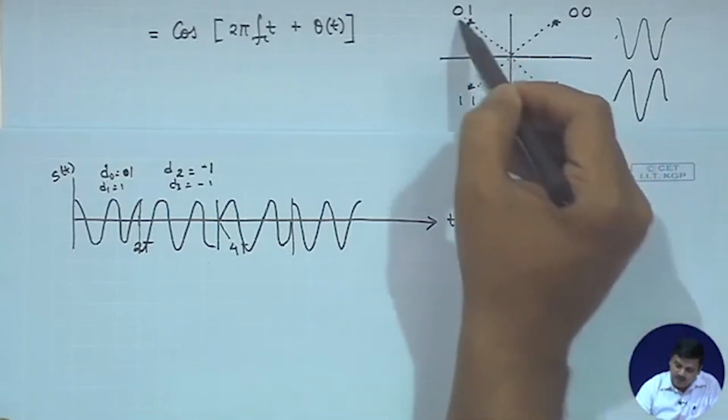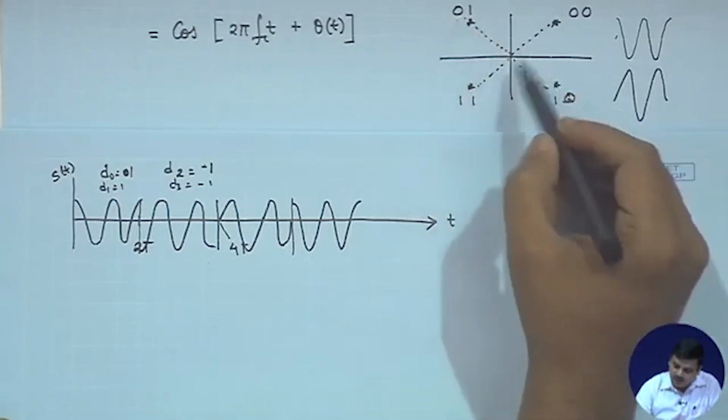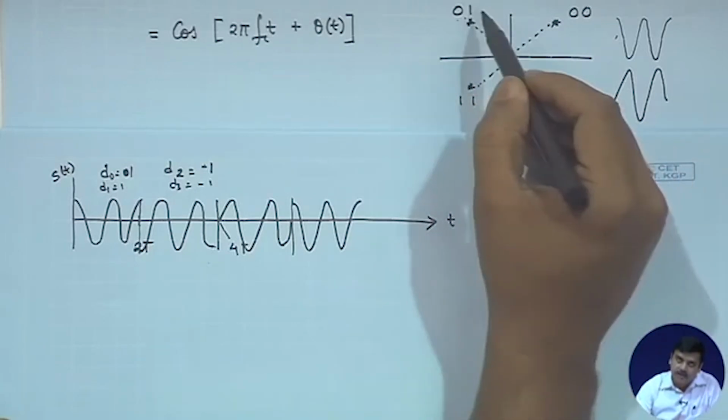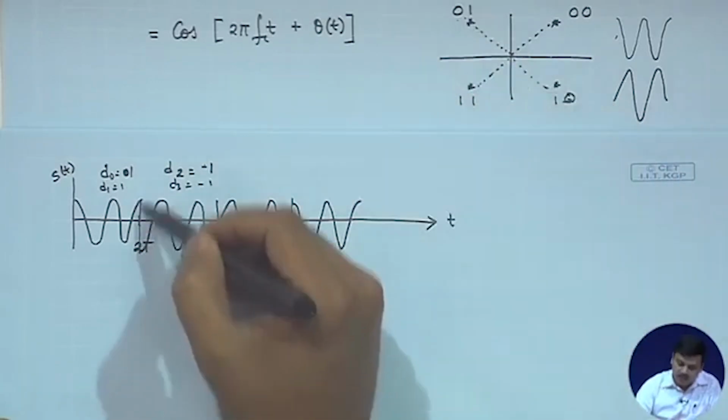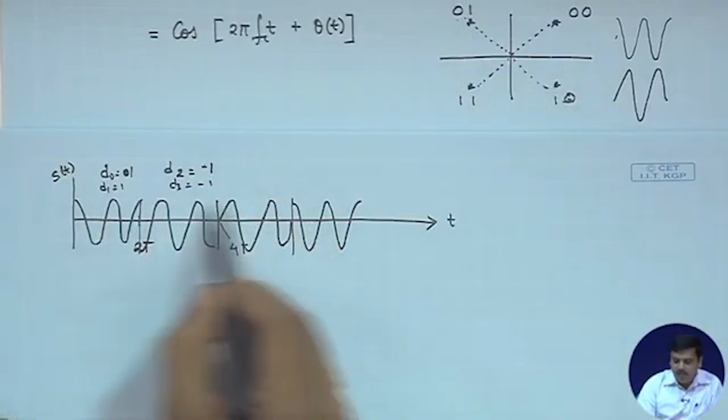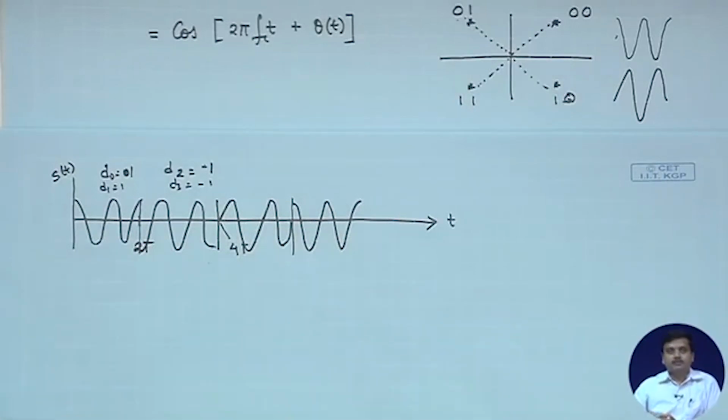When the phase changes by 180 degree, there is a sudden zero crossing, right. This may cause your amplitude to go through 0. So, instead of being constant amplitude, you could be going through a zero crossing suddenly, and there is a huge phase shift. And remember, we had discussed when we talked about angle modulation, a huge phase shift within a very short duration of time means you have a huge spectral side lobe.